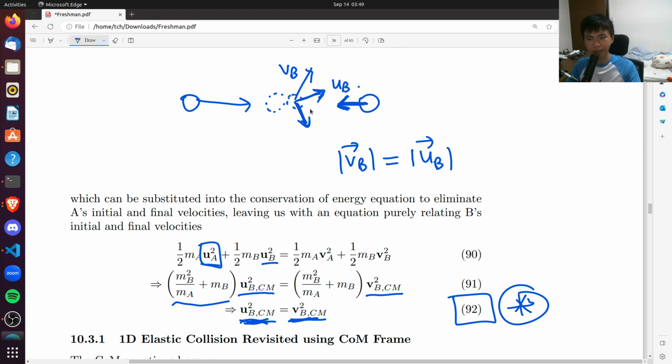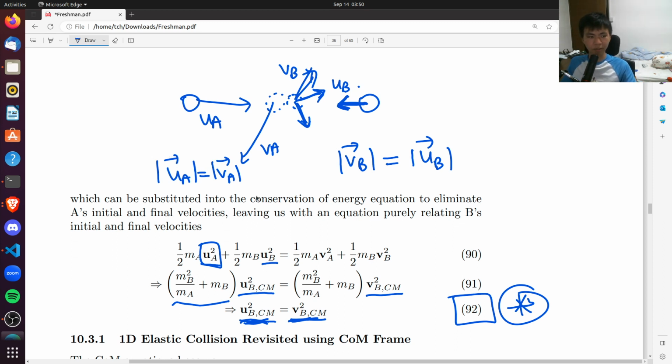We'll talk about this in 2D collisions, but what's remarkable is that the magnitude of the final velocity is the same as the magnitude of the initial velocity. And if we do it for A, we'll see that that applies to A as well. So UA and VA have the same magnitude. Magnitude of the vectors.